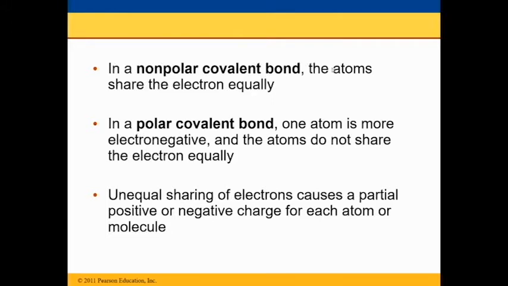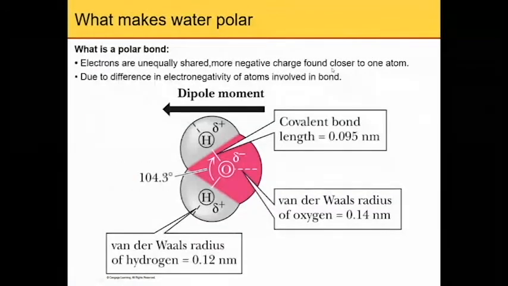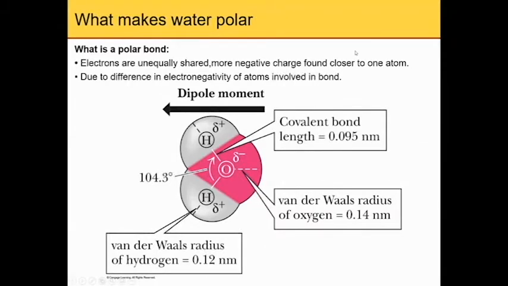All right. So like here, the polar bond. This is the structure of water. The oxygen has a partial negative charge, and the hydrogen has a partial positive charge. This is because of the uneven distribution of the electrons, all right?